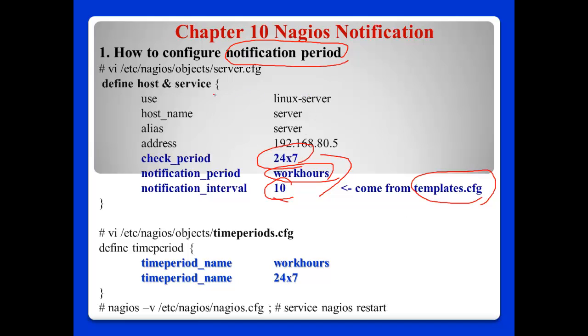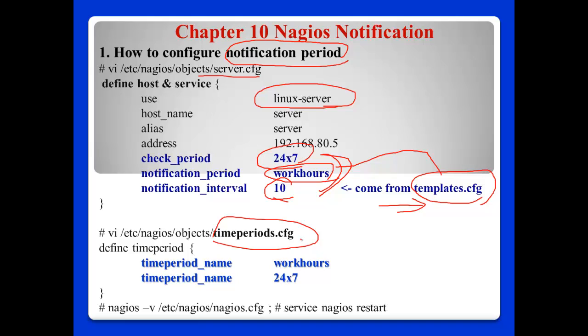template.cfg. If this server.cfg device uses this kind of template, Linux-server is the name of the template, then normally we will use this notification period from this template.cfg. For example, the checking period, work hours, this kind of thing we can define in timeperiod.cfg.